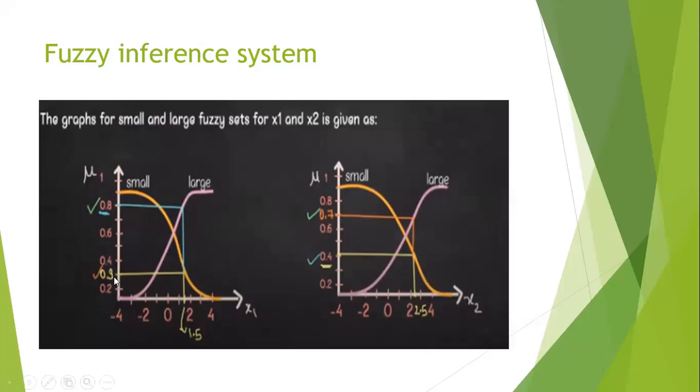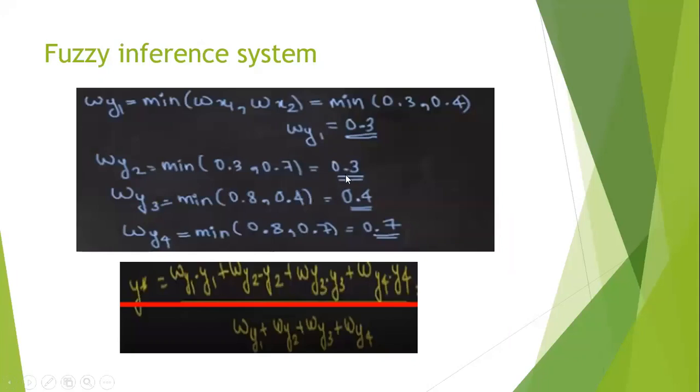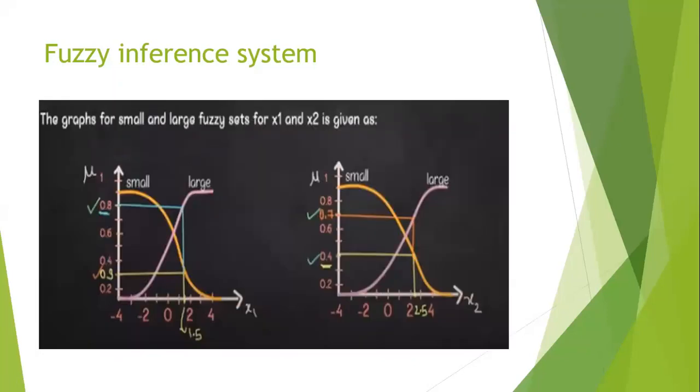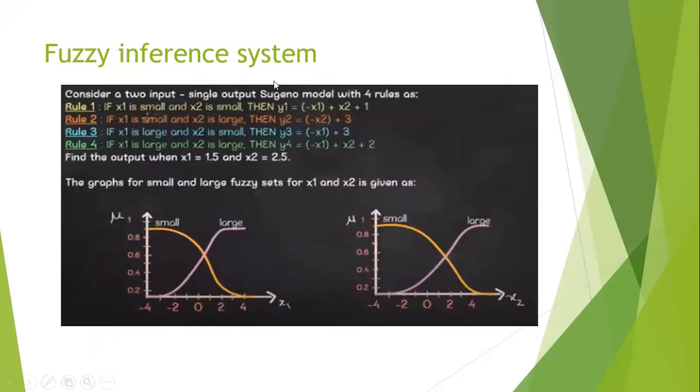Okay, so 0.3 and 0.7, the minimum value is 0.3. Obviously 0.3 is your minimum value. Okay, that is corresponding to the membership function for the output value. 0.3 is your membership function of the output y2. Next you need to calculate the y2 output value also.